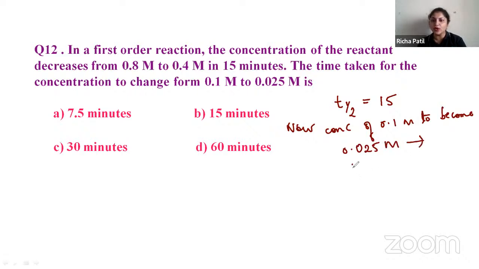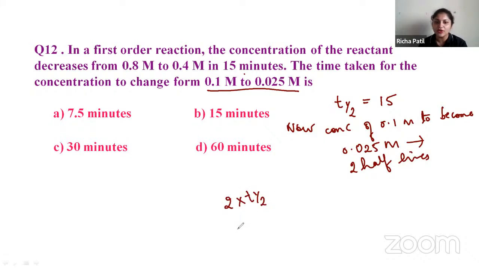For decrease in concentration from 0.8 to 0.4, T half is 15 minutes. Now for concentration to change from 0.1 to 0.05 and then 0.025, it will be 2 half lives. So you have to multiply 2 into T half. So it will be 2 into 15, which is 30 minutes.